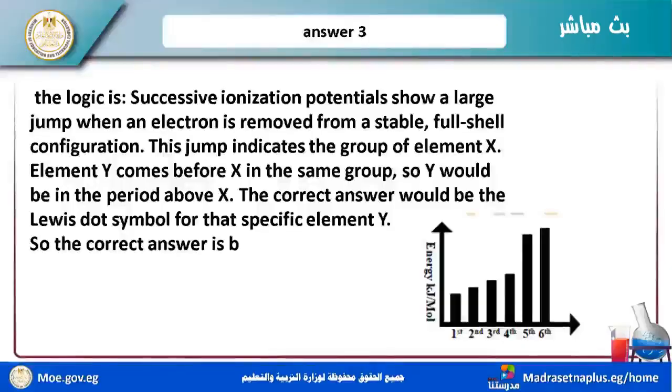The logic is that successive ionization energies show a large jump when an electron is removed from a stable full shell configuration.